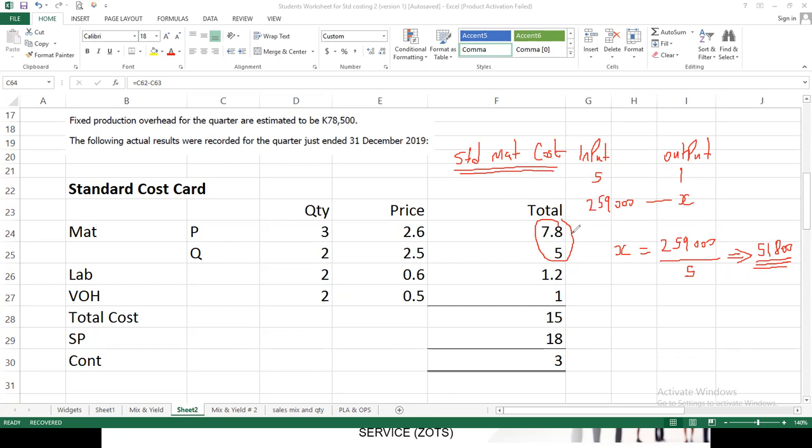The standard material cost, you add these two. 5 plus 7.8, so that is 12.8. Have you seen how I found it? This plus that.